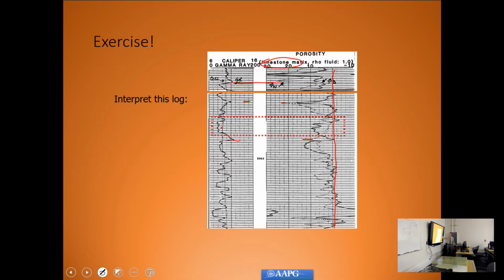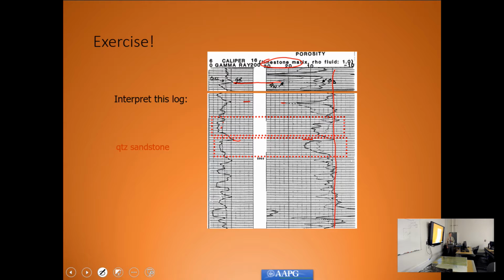So this is showing that they don't match. It sort of looks like gas, but here's the gotcha. You could also get a gas effect if the matrix condition doesn't work. So this is assuming limestone, but without going into more detail, what you actually have is a sandstone. Now, this is probably too much detail for this level in the class, but the moral of the story is not all crossovers are gas.